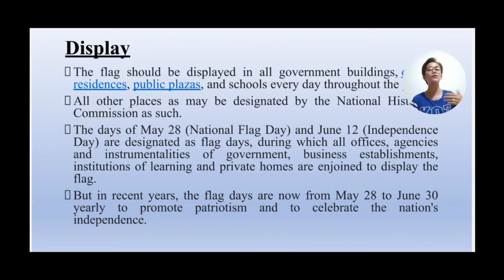And also to promote patriotism para mas ma-enjoy nato, mas ma-practice pa nato ang pagiging patriotic nato and mas ma-express nato longer ang love and support nato sa atoang country.